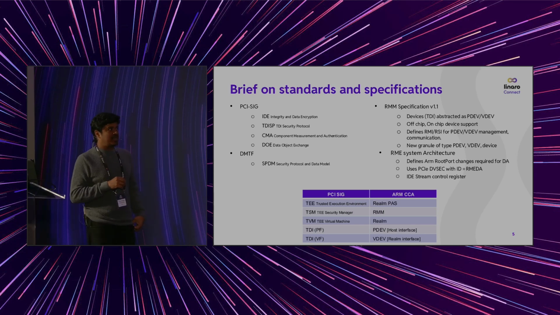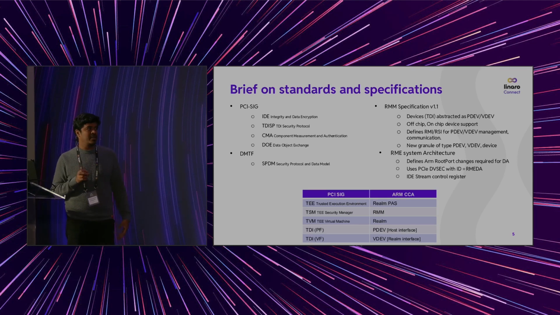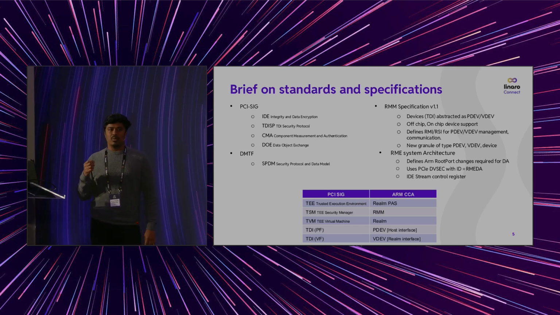That's the brief on the standards, and based on all these standards, RMM specification V1.1 defines a new chapter called Device Assignment. It introduces various sets of commands that a hypervisor can use to attach a device, to assign a device to a realm, and manage the communication state with the device.